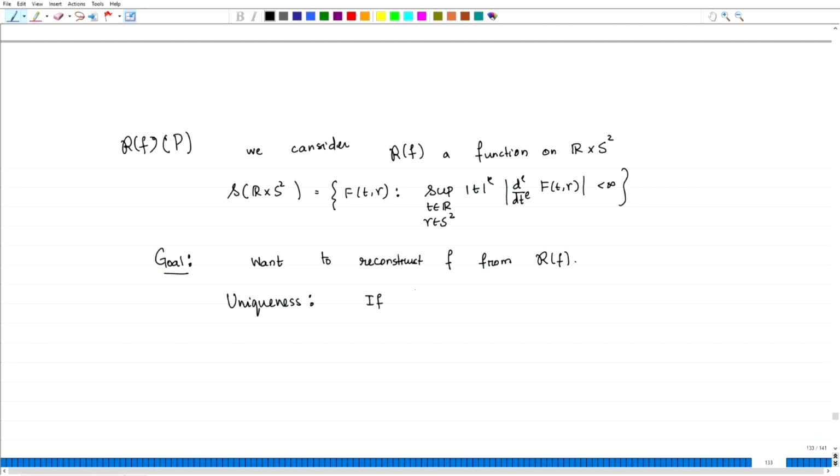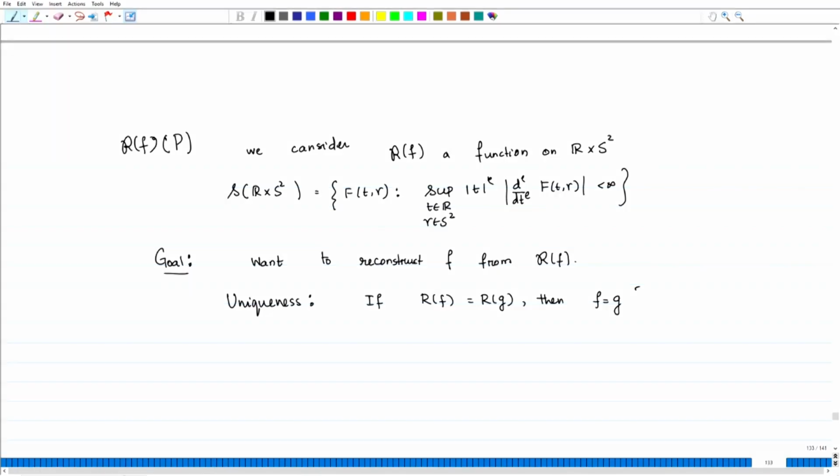If Rf is equal to Rg, then f is equal to g. Is it true?